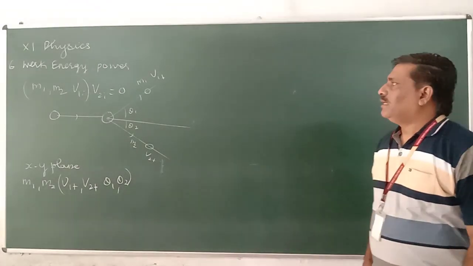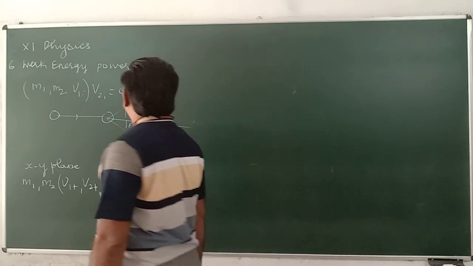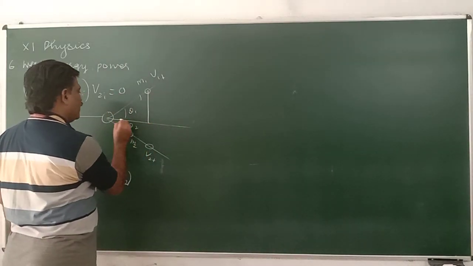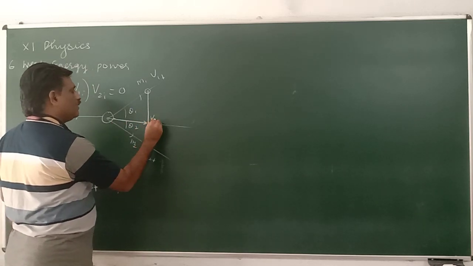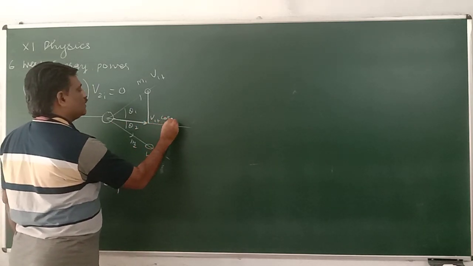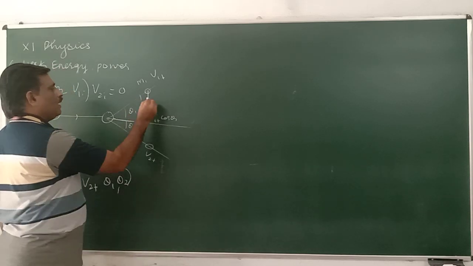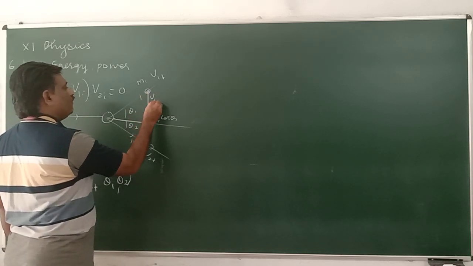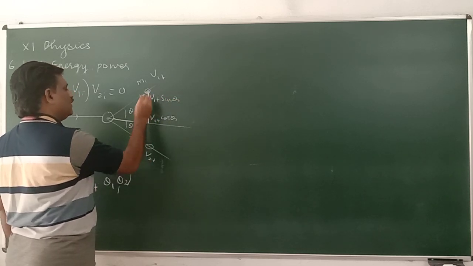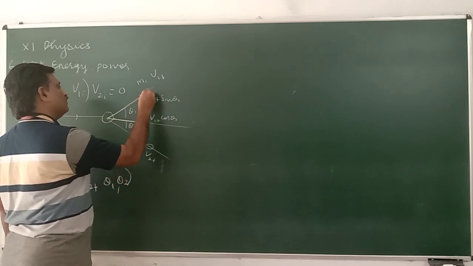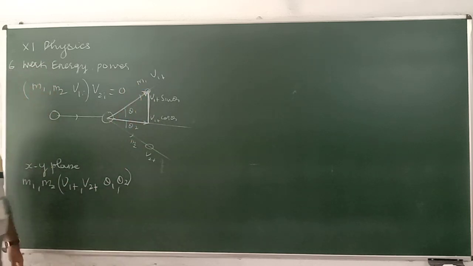Let's see. We can resolve this v1f into two components. Along this side it will become v1f cos theta 1. Along this side it will become v1f sin theta 1. This plus this becomes this.